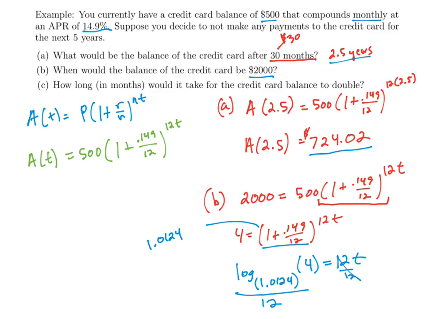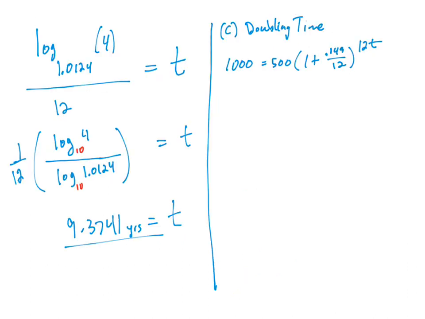Okay, and then how long would it take for the credit card balance to double? So for doubling time, if we're starting with $500, the doubling is going to be 1,000 here. So I'm going to divide both sides by 500. We get 2 is equal to 1 plus 0.149 over 12 raised to the 12t. Okay, so we want to rewrite this as a log equation. The exponent is 12t, so the log expression is going to be equal to 12t.